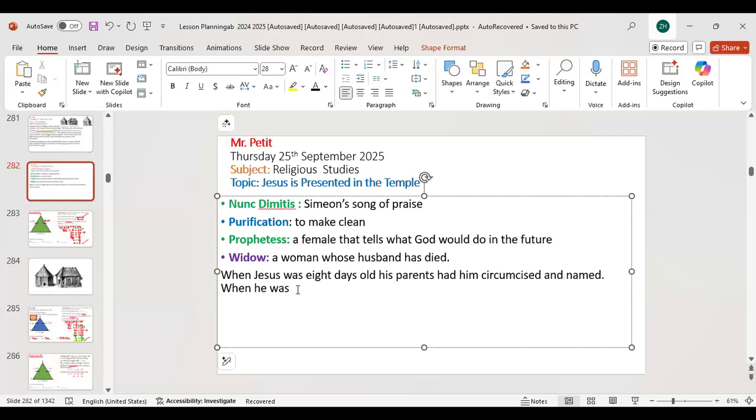When he was 40 days old, his parents took him to be presented to God in the temple. Christians today call this christening.